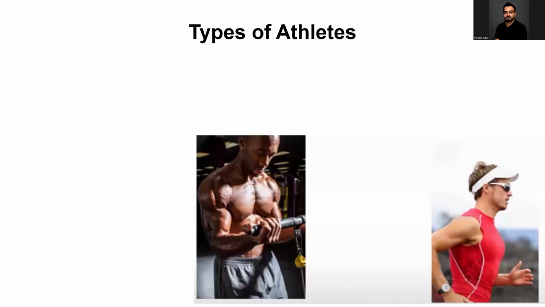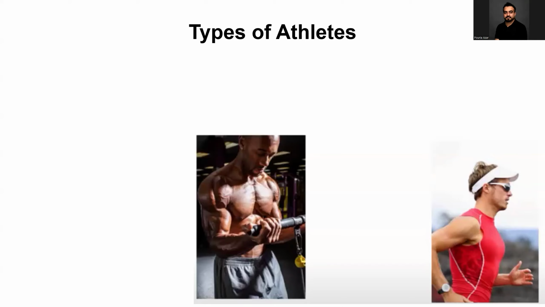Let's talk about the types of athletes. I'm pretty sure that you remember and recall from the first chapter where we talked about types of athletes. We said we have beginners, like recreational athletes, we have well-trained athletes, and we have elite athletes.